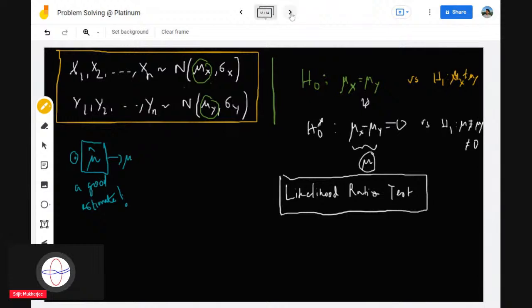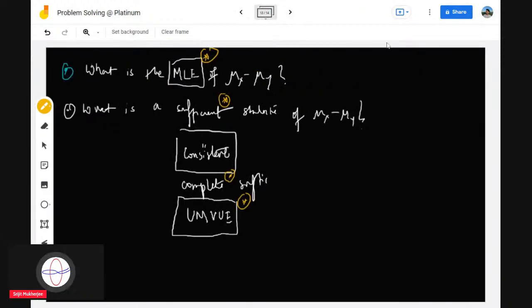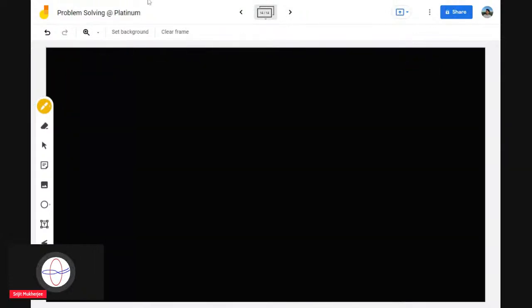What property of the MLE do you need to use here? How do you find the MLE of, let's say, mu to the power n? It was the invariance property. Very good. So use the invariance property over here.